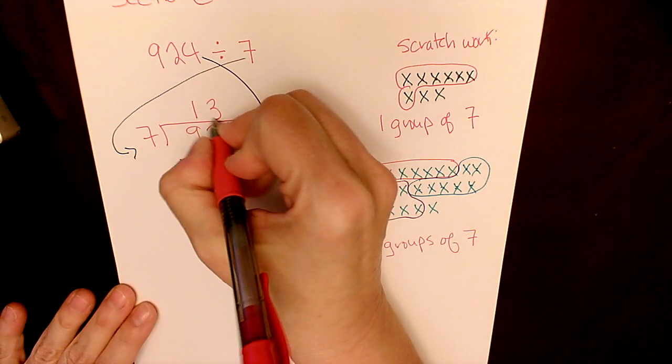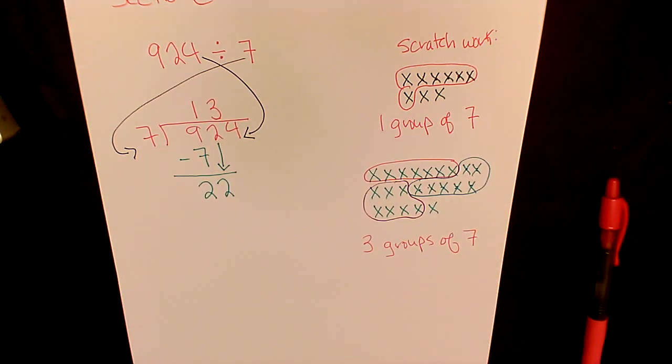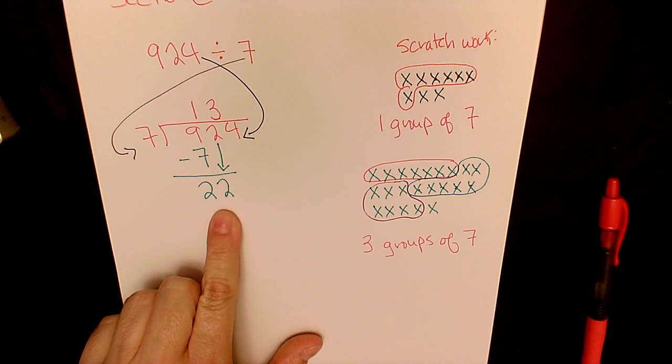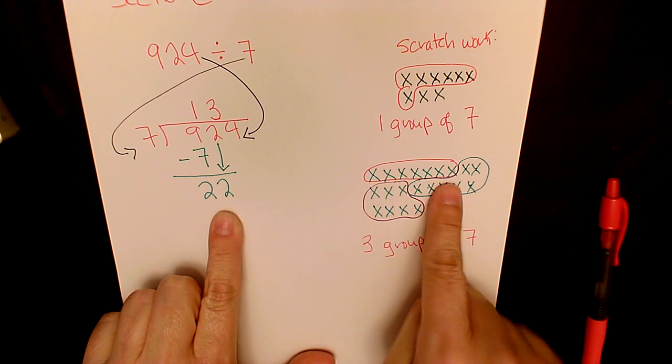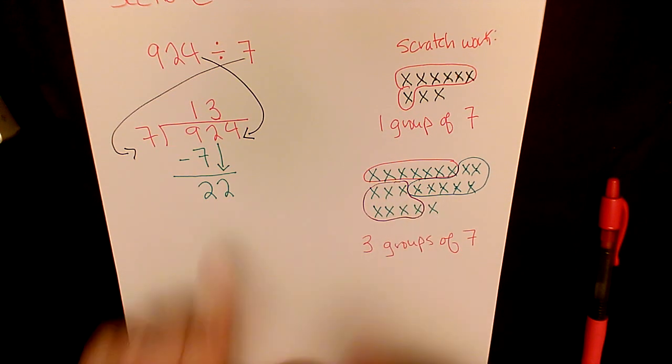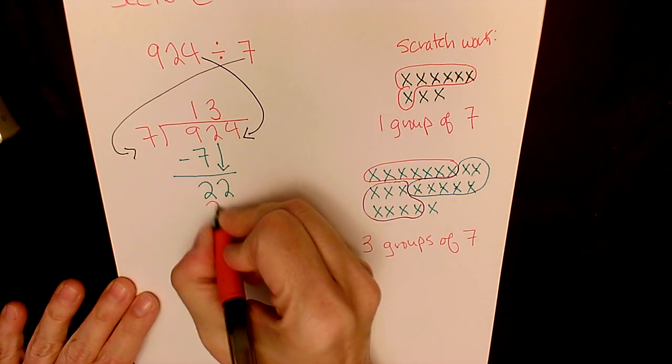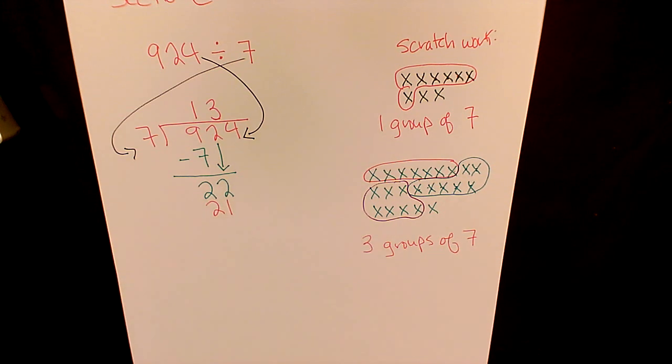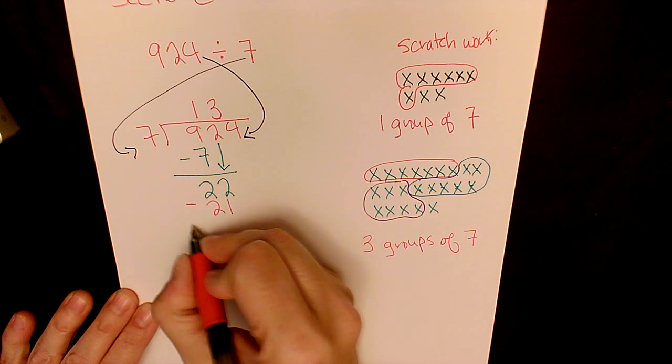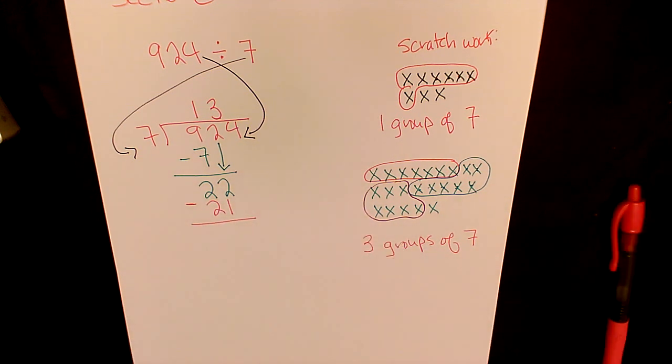So that's why the 3 goes here. 3 goes into 22: 7, 7, and 7. Let's add up all the circles together, and that's 21. 7 times 3 is 21. Are we good so far? So again, we draw the line and subtract going down.